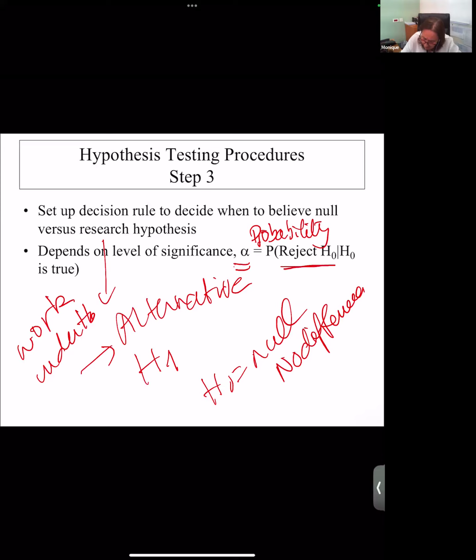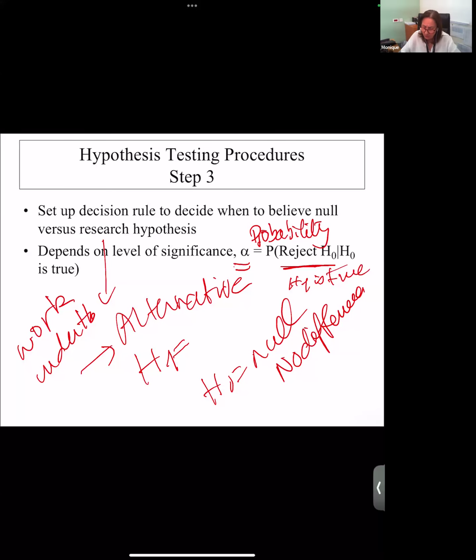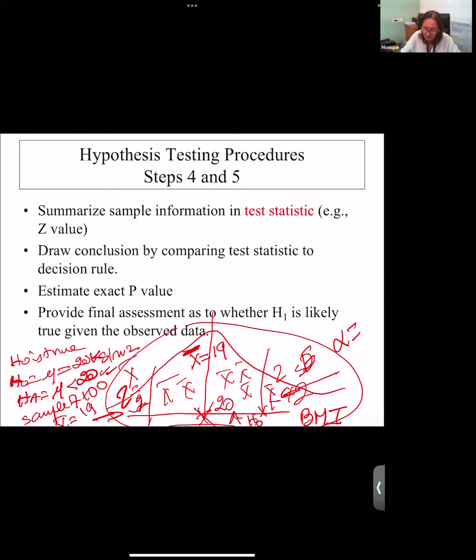When you say reject H0, what does it mean? The alternative is true, whether greater or less than? Yes, exactly. It means that H1 is true, so you accept the research hypothesis.